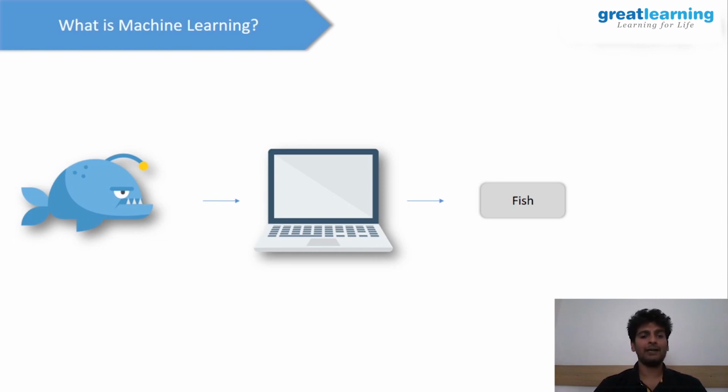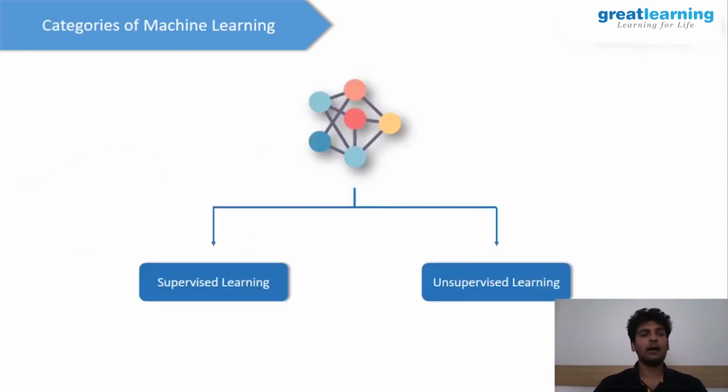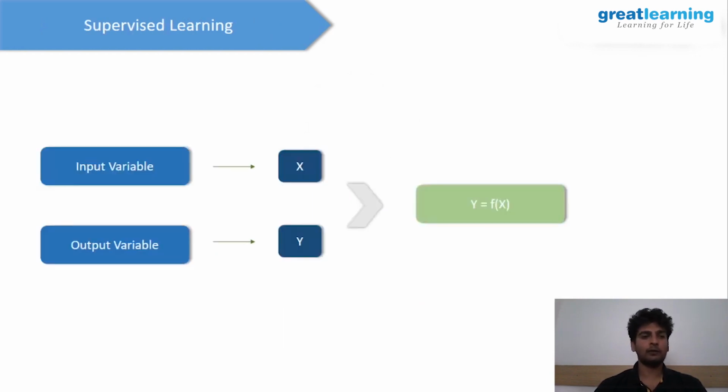Right, and now that we know what exactly is machine learning, we'll have a look at the categories of machine learning. So machine learning can be broadly categorized into supervised learning and unsupervised learning. And we'll start with the first one, which is supervised learning. So in supervised learning, you basically have output variables and input variables.